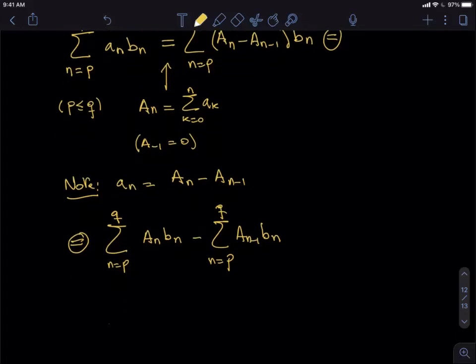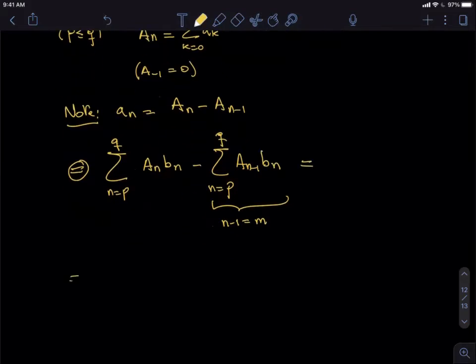And here what I'm going to do, because I would like to have A_n in both sums, I'm going to change, and I'm going to call n minus 1 equal, let's call it, am I using m? No. So let's call it m.